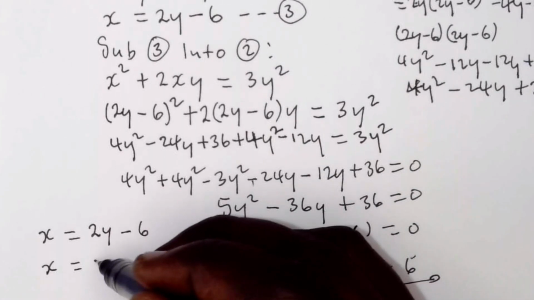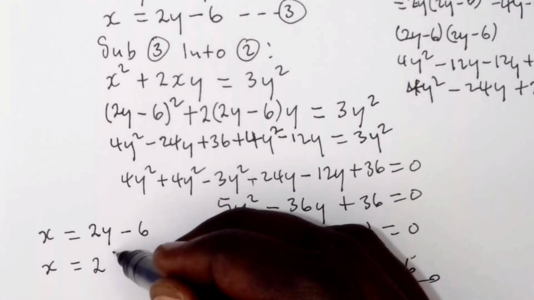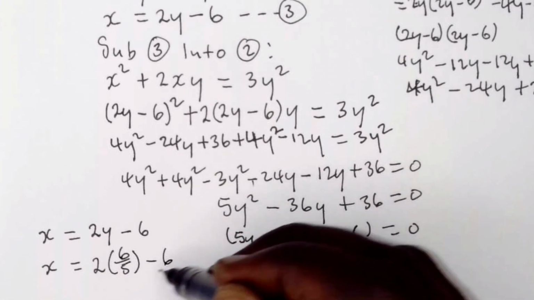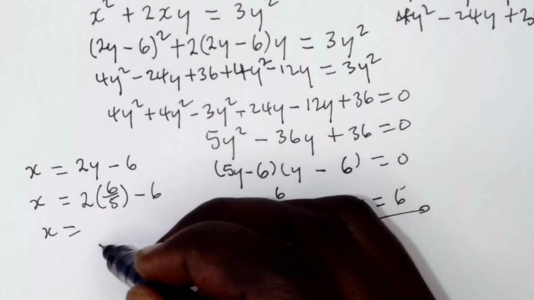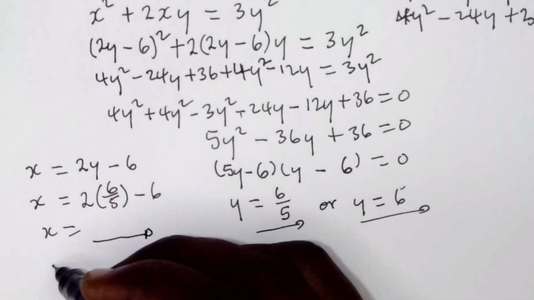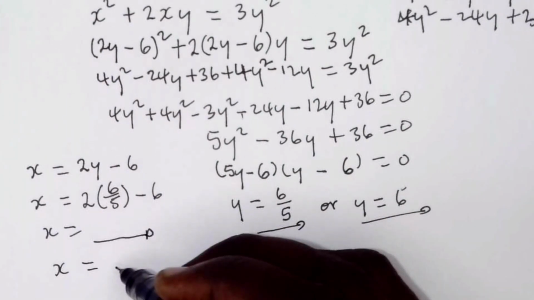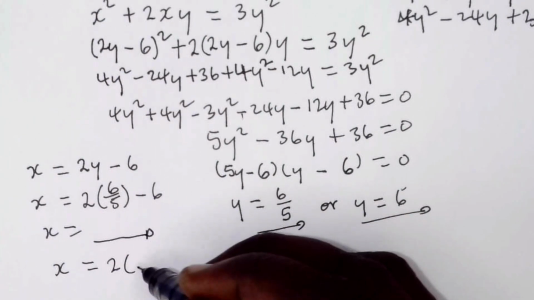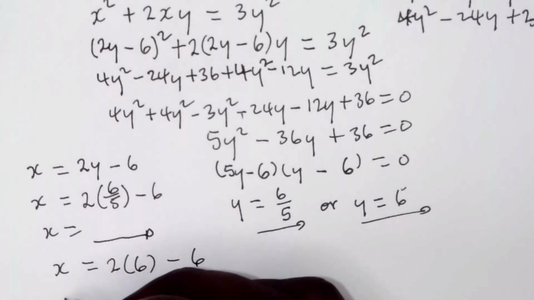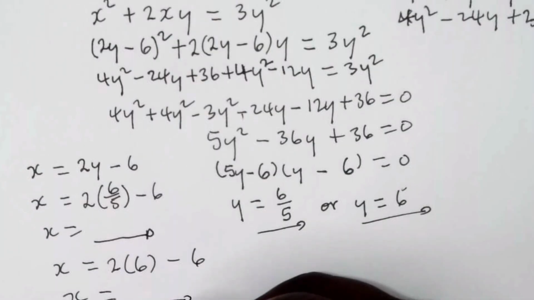So it's going to be 2 times 6 over 5 minus 6. So when you punch your calculator here, you must find the answer, right? And then again, you need to put 6 now. So 2 times 6 minus 6. So you need to find the answer here.